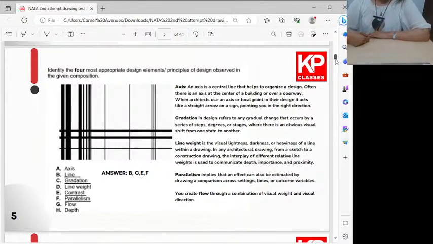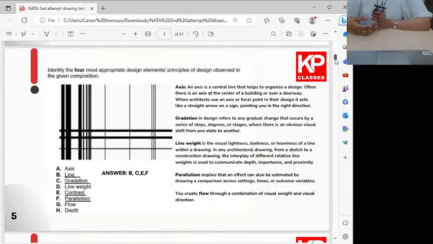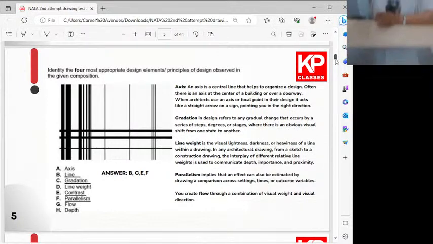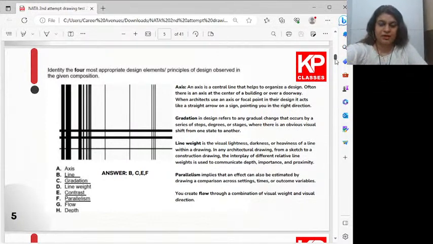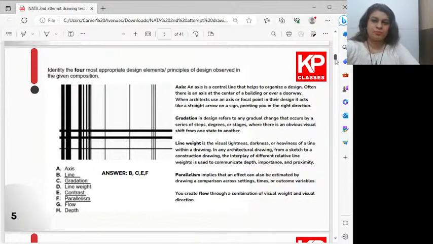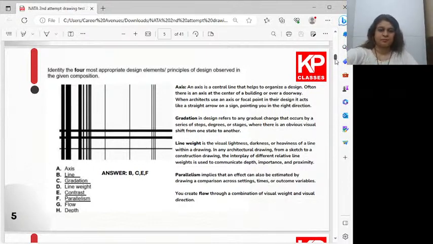I have given the meaning of axis over here because again, a lot of students were asking what does axis mean. In order to omit an option, we really need to know what the actual option is all about. So an axis is a central line that helps to organize a design. Often there is an axis at the center of a building or over a doorway.